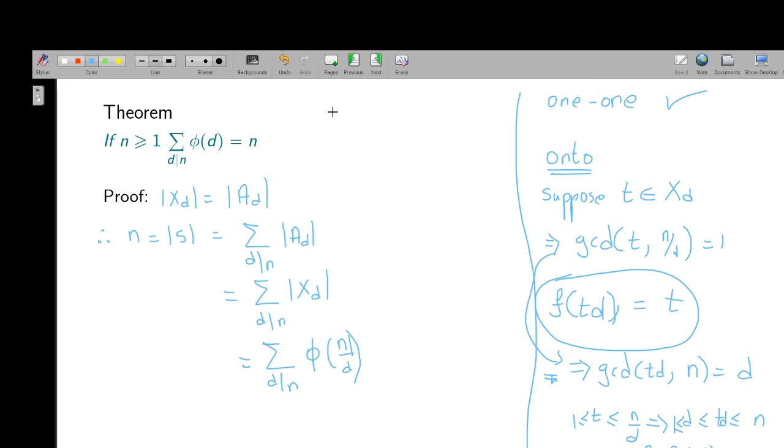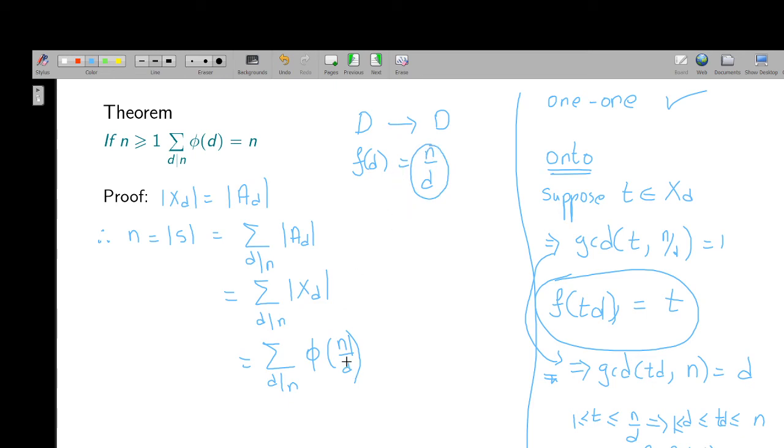In fact, suppose D is the set of divisors of n, there is a natural bijection from D to D, which is f of d equals n by d. I had called this divisor the complementary divisor to d.